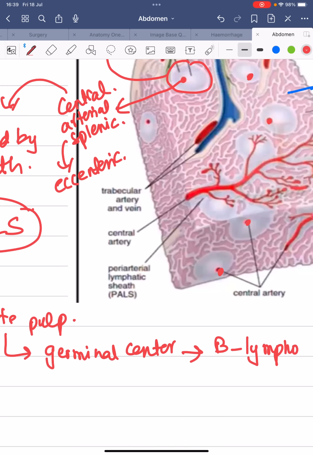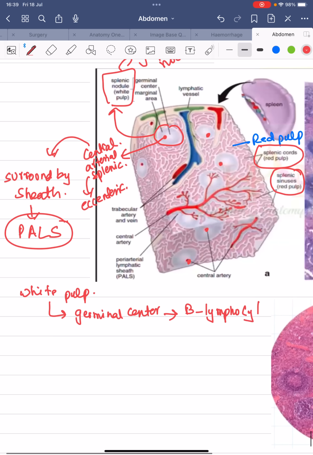This white pulp is also called lymphatic follicles or lymphoid follicles. In the center, this slightly whitish area is the germinal center, composed mainly of B lymphocytes.